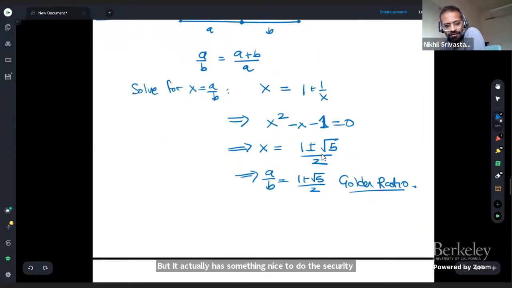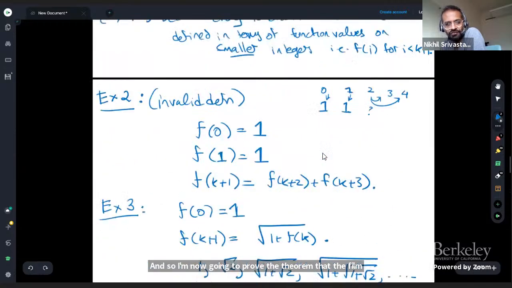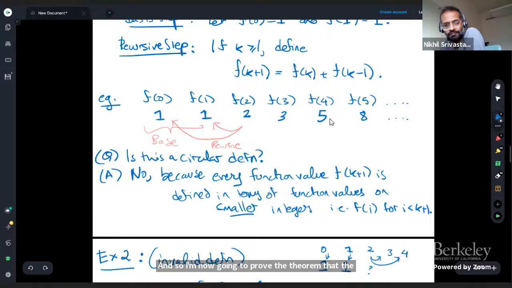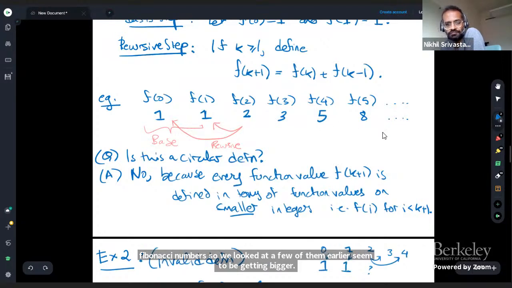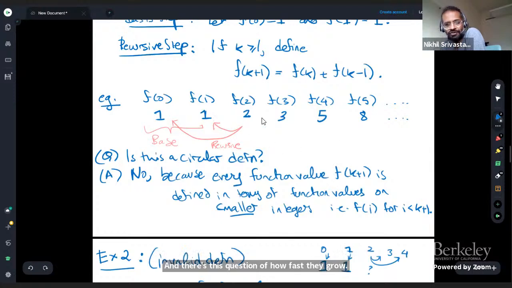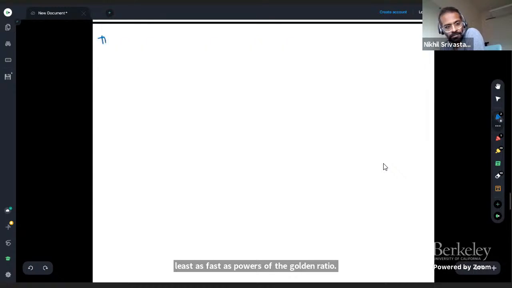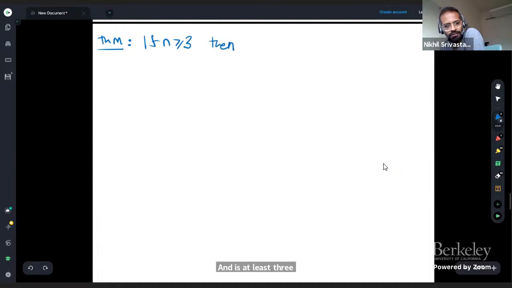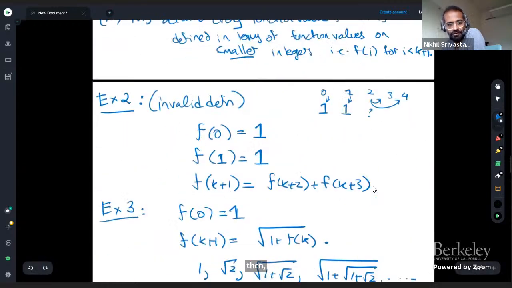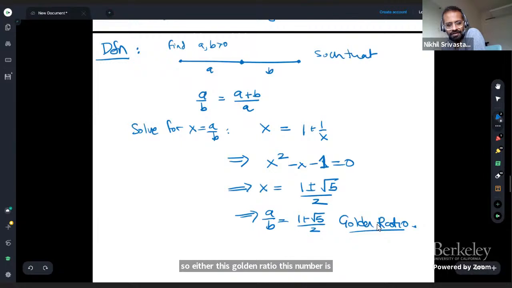And so I'm now going to prove this theorem that the Fibonacci numbers, so we looked at a few of them earlier, seem to be getting bigger. And there's this question of how fast do they grow? We're going to prove by induction that they grow at least as fast as powers of the golden ratio. Okay, so here's a theorem. If n is at least 3, then, by the way, this golden ratio is about 1.6 something.